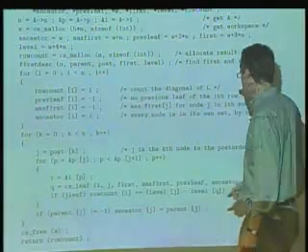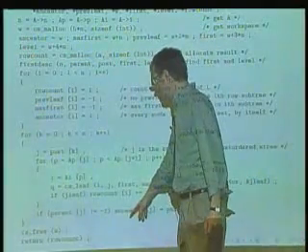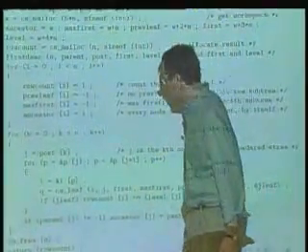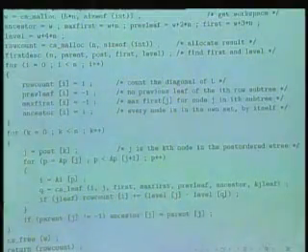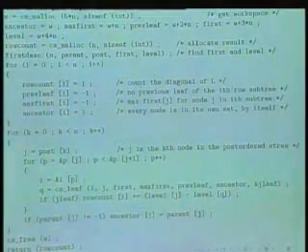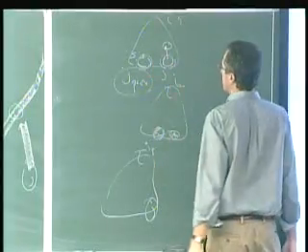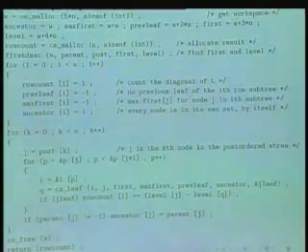And then I need to take node J and make its ancestor the parent, because that's a minor twist to the way the algorithm works.